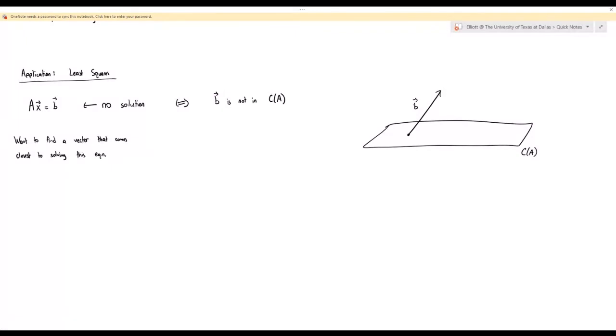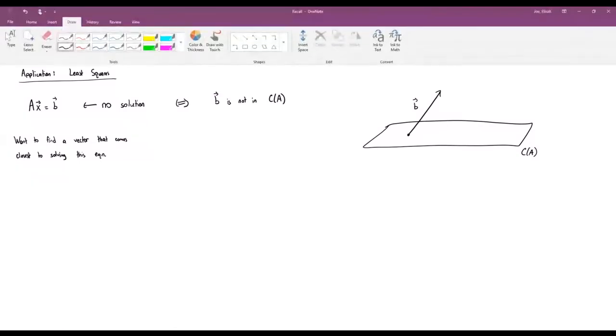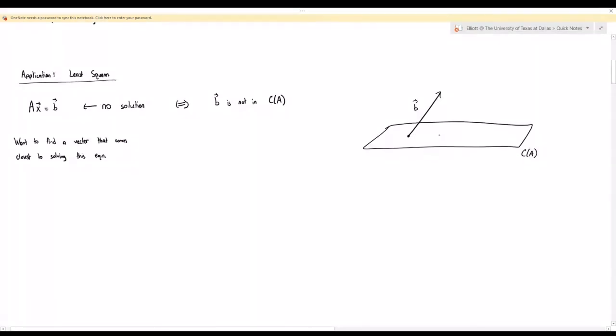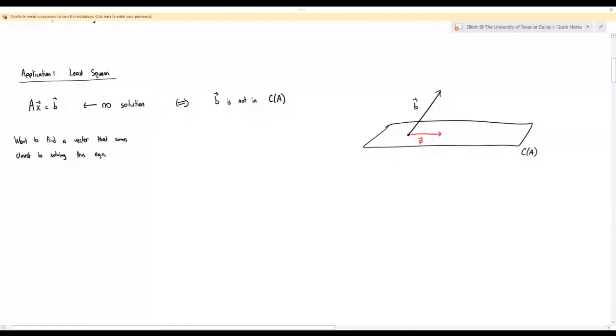All right, so maybe you could see where this might be going. Whereas it's not possible to solve Ax equals b because b is not in the column space, the closest we can get to vector b in the column space would have been its projection vector p.